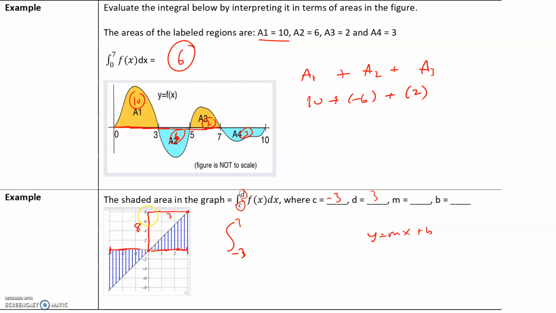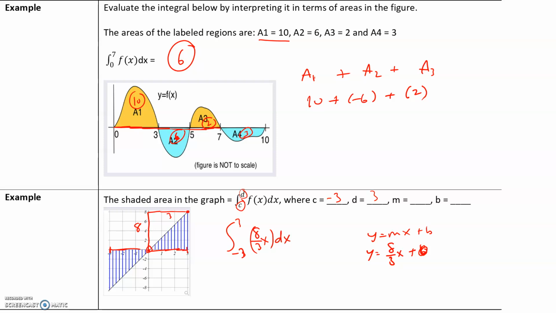Okay, so 2, 4, 6, 8 is my rise, my run is 3. So my slope is going to be 8 over 3. And my y-intercept is where the graph crosses the y-axis, so my y-intercept is going to be 0. So my function is just 8 over 3 x plus b, which is 0, or 8 over 3 x dx.